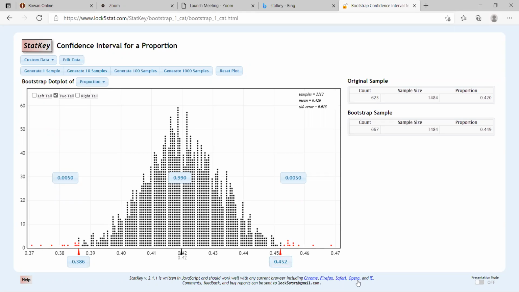All right, any questions about what I've done so far? And by the way, you can go in StatKey and you can play with it. After you've watched those videos, go in and play around. You can't break it. Just follow what I did in here, and you can create your own examples if you want with proportions. You can change the sample size. You can change the number of people who say yes to a question, whatever.